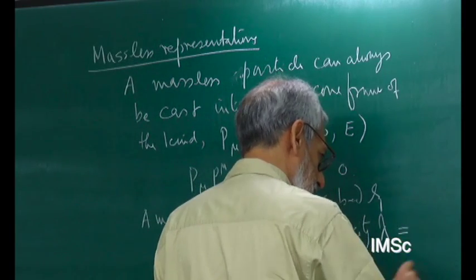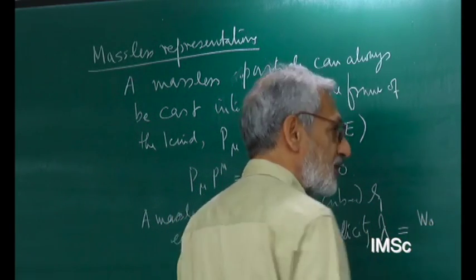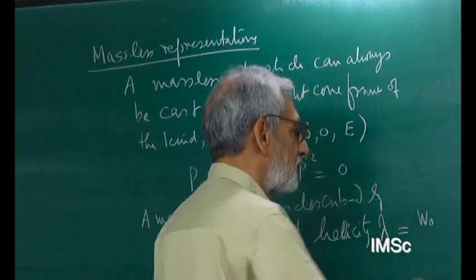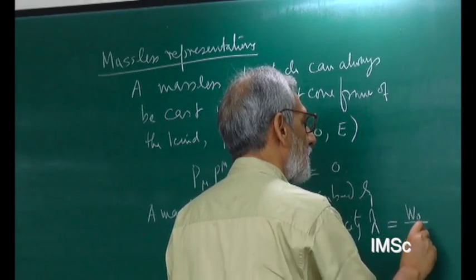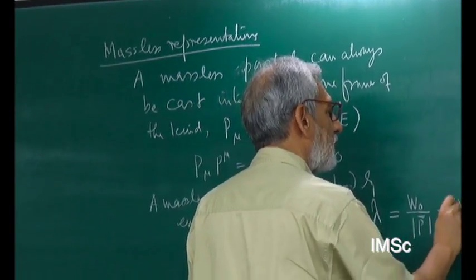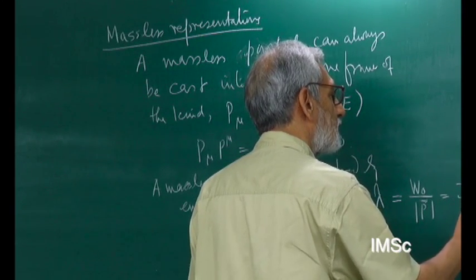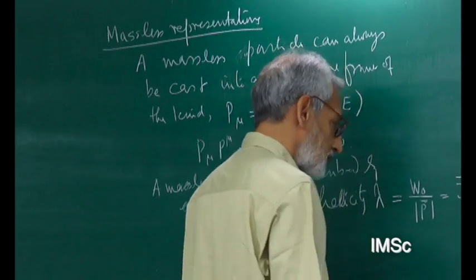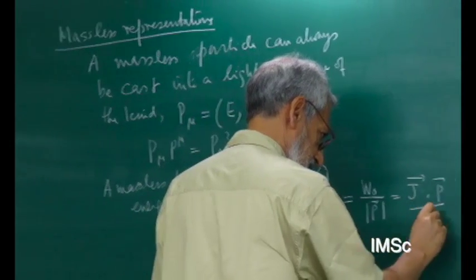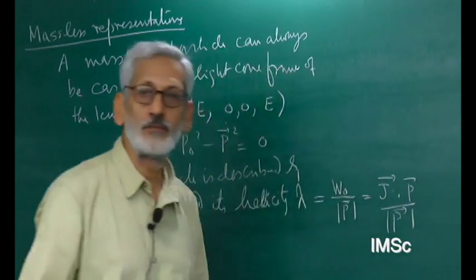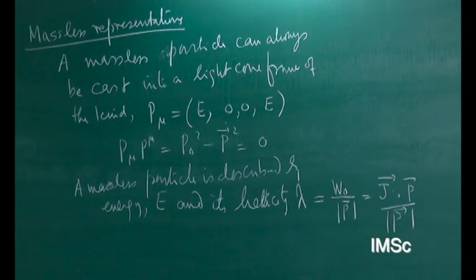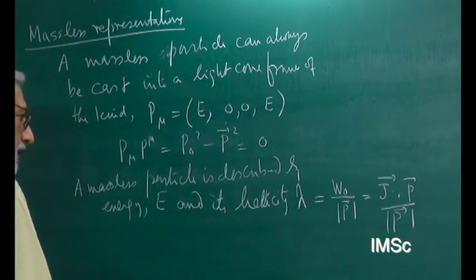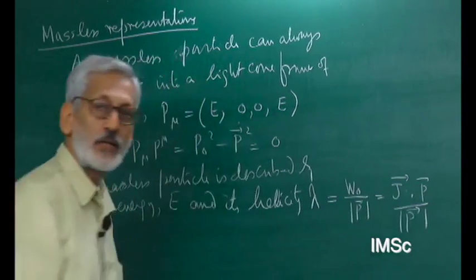And helicity lambda is the 0th component of the Pauli-Lubanski vector divided by the length of the 3 momentum, which is the same as J dot P, 3 momentum, divided by mod P. And J is the rotation generator.